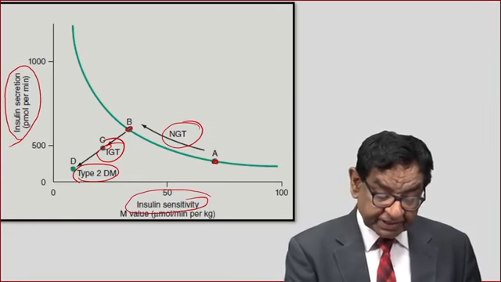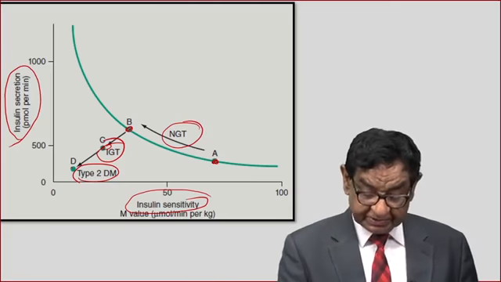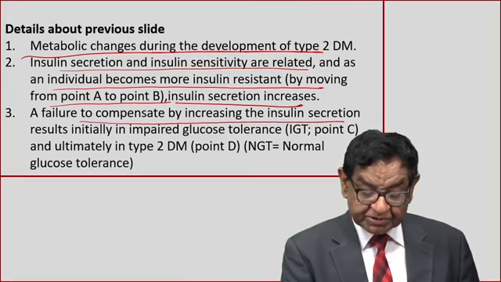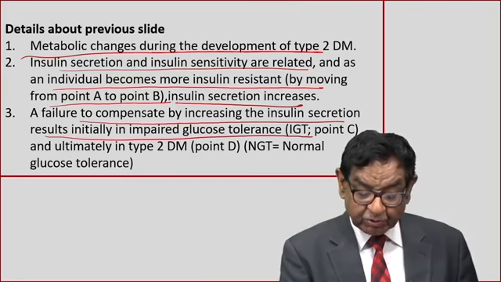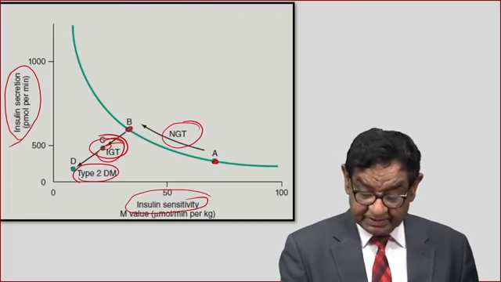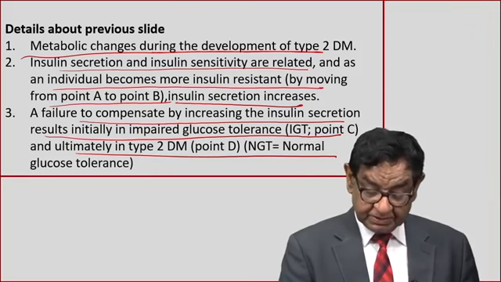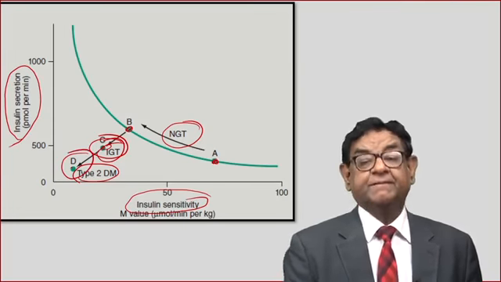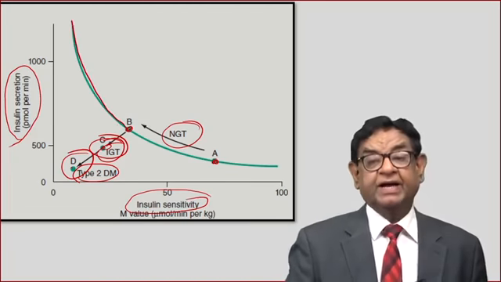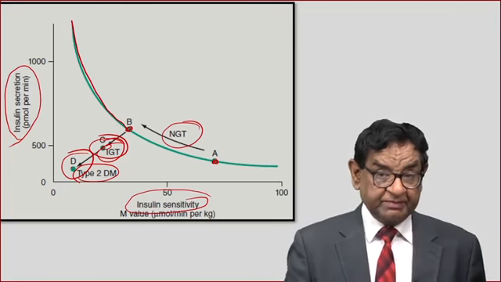Look, insulin secretion is increasing. Resistance increases. A failure to compensate by increasing insulin secretion results initially in impaired glucose tolerance, and later on type 2 diabetes, this is D. But remember the insulin level is much higher and later on still goes very high. So that is why in type 2 diabetes hyperinsulinemia occurs.